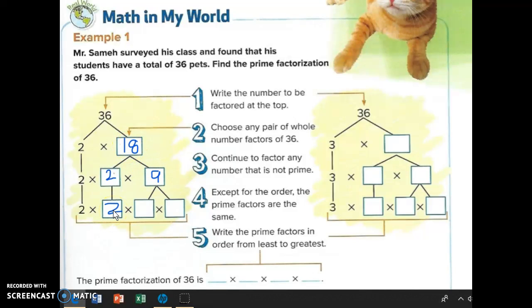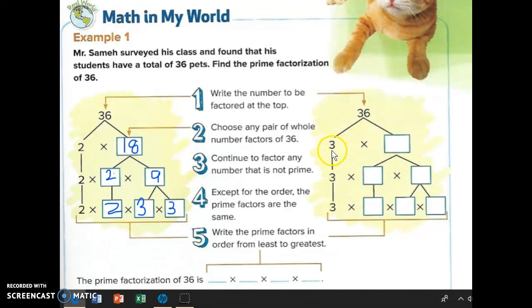We bring down the 2. 2 cannot go into 9, but we can say 3 times 3 equals 9. So the prime numbers for 36 is 2 times 2 times 3 times 3.